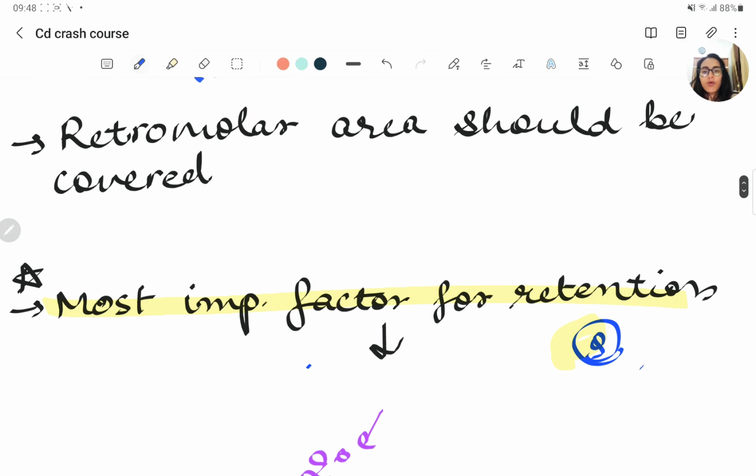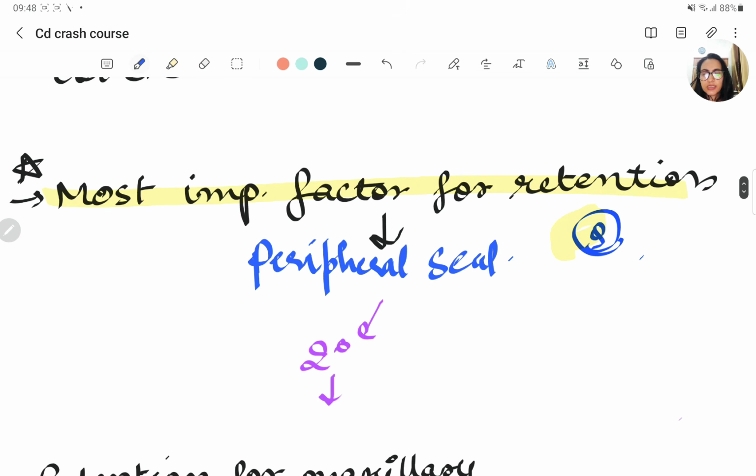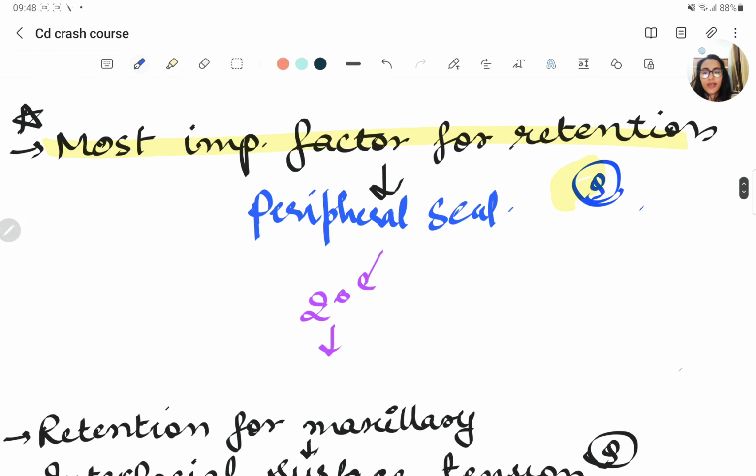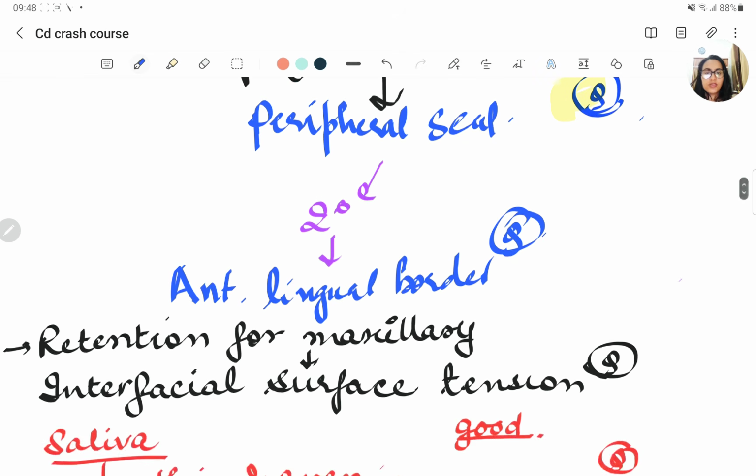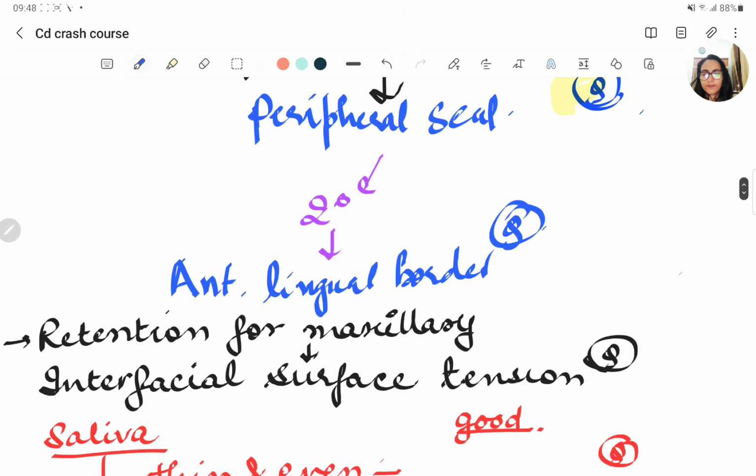The most important factor for the retention is peripheral seal, guys, and secondary retention is via the anterior lingual border.